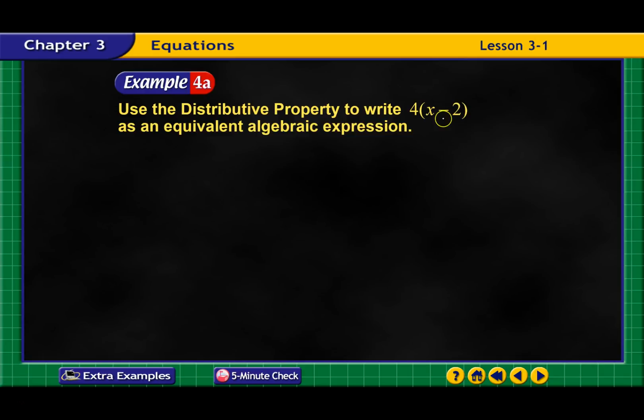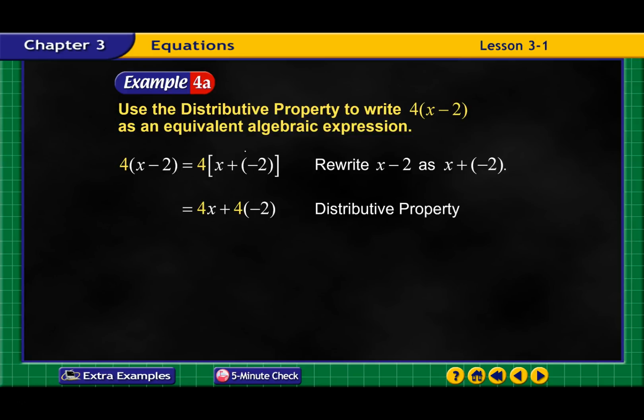Right, use the distributive property to write this one. The only thing you've got to worry about now is there's a negative symbol in there. So they want us to rewrite it with a positive number in here using the additive inverse, and then distribute across. Okay, then we'll distribute 4 into both of them, then multiply. 4 times x minus a negative 8.